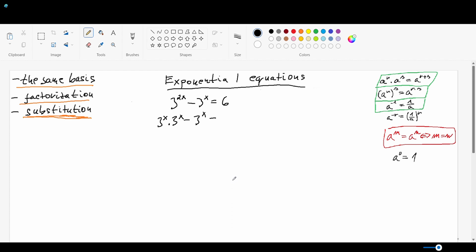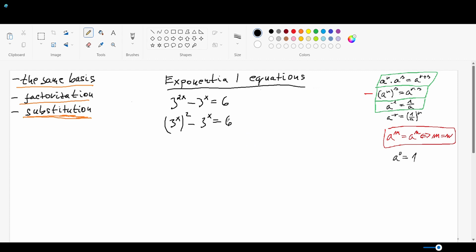So instead of doing this, you can think about the first term like 3 to the power of 2x, and using this formula you can write the first term like 3 to the power of x squared minus 3 to the power of x equals 6.